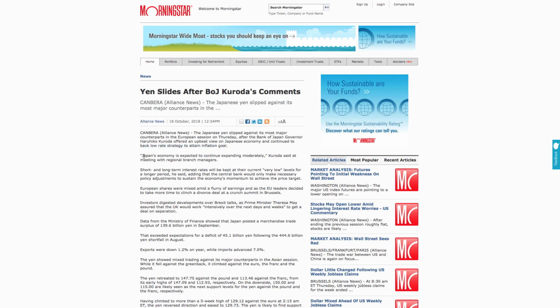Japan's economy is expected to continue expanding moderately, which is good, but short and long-term interest rates will be kept at their current very low levels for a longer period, he said.